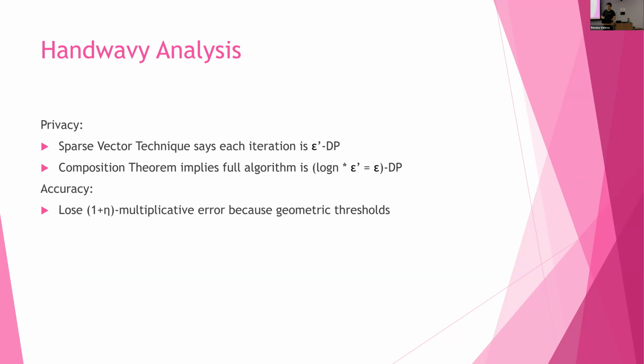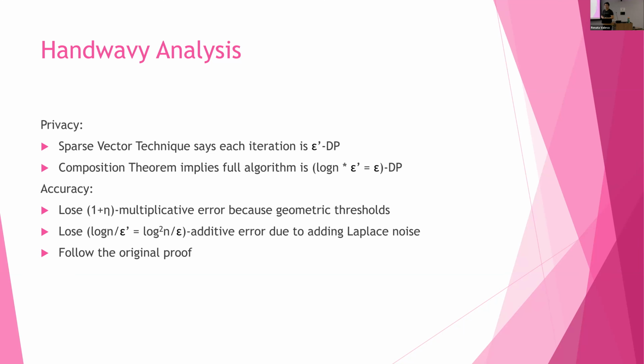And for accuracy, I'll be even more hand waving. So for the geometric increasing thresholds by 1 plus eta factor, that intuitively loses a 1 plus eta multiplicative error when we compute the k-core values. And when we add Laplace noise, the Laplace noise with high probability is log squared n. So that loses an additive error of log squared n.